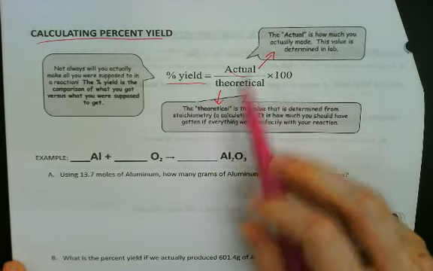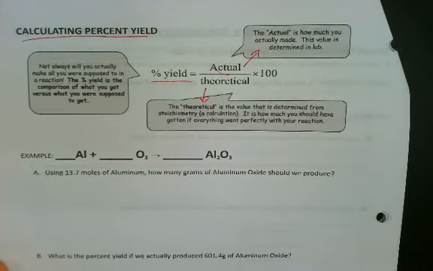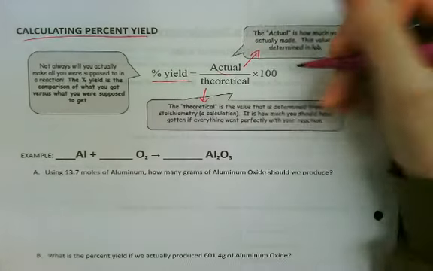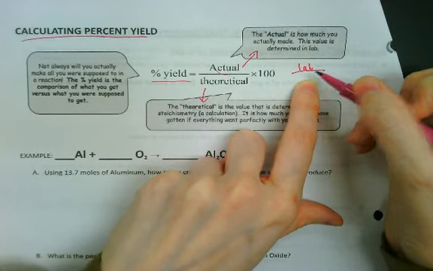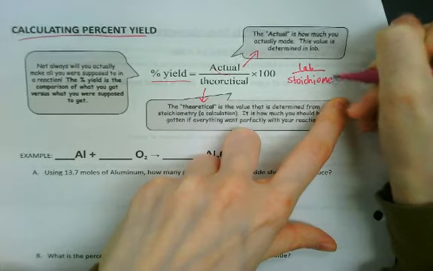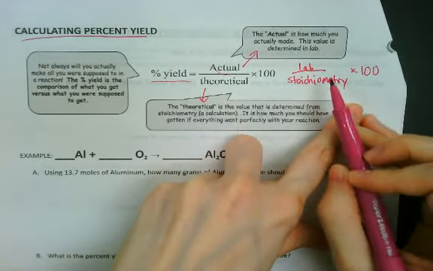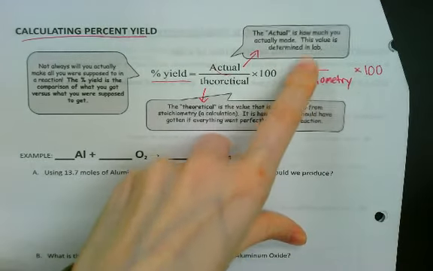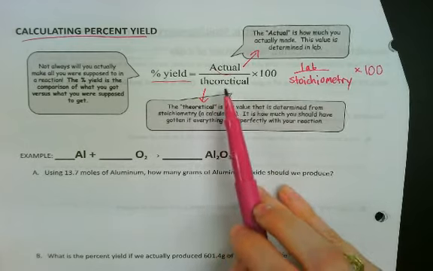So you would need to be able to differentiate between the two, what those words mean. Another way we can look at this is that the percent yield is equal to the value that we get in the lab over the value we get by doing our stoichiometry times 100. So again, that's still actual over theoretical. These are just some keywords that you might see associated with the actual and with the theoretical.